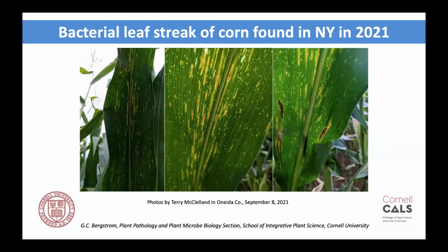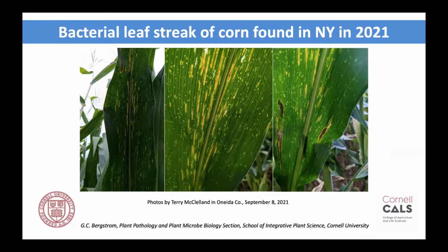So I'd like to fairly briefly mention another disease that's new for New York, which we're finding in portions of New York this last year. This is a bacterial, not a fungal disease. We confirmed this in 5 counties, more in a central vertical slice through New York this last year.